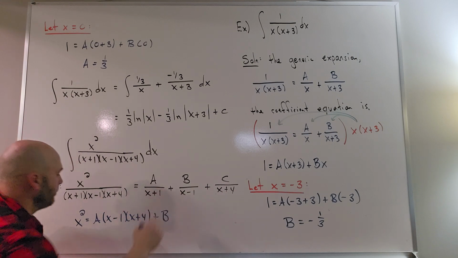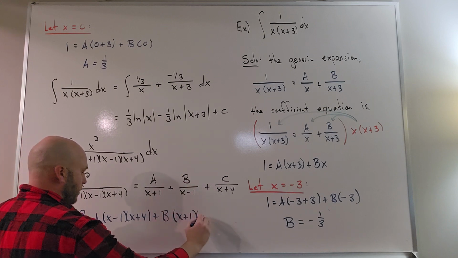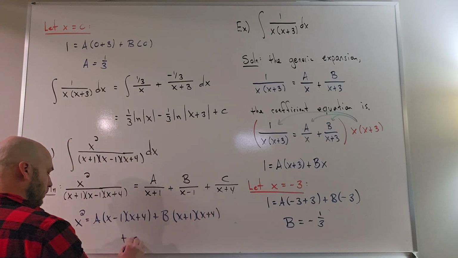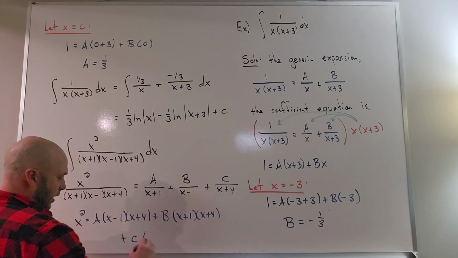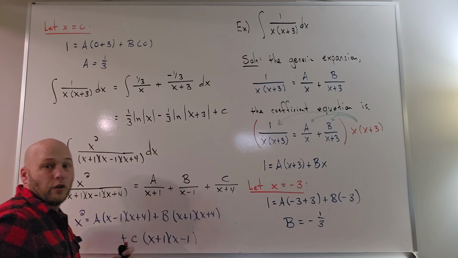For the b term, the x minus 1 would cancel, but we get the other 2 factors. And then plus c times the x plus 4 would cancel, again leaving the other two factors.